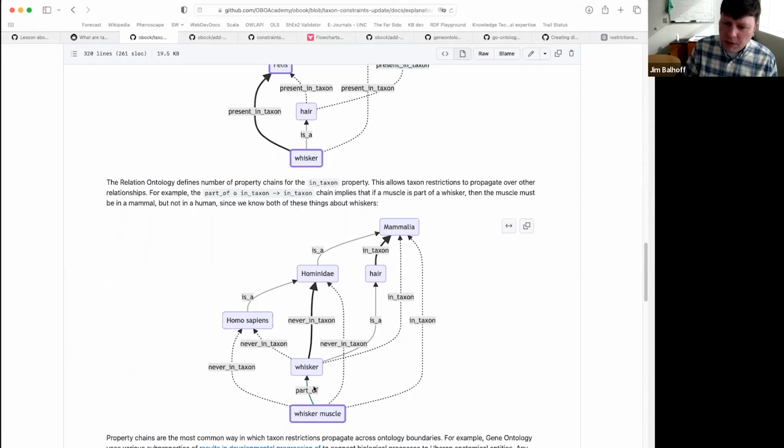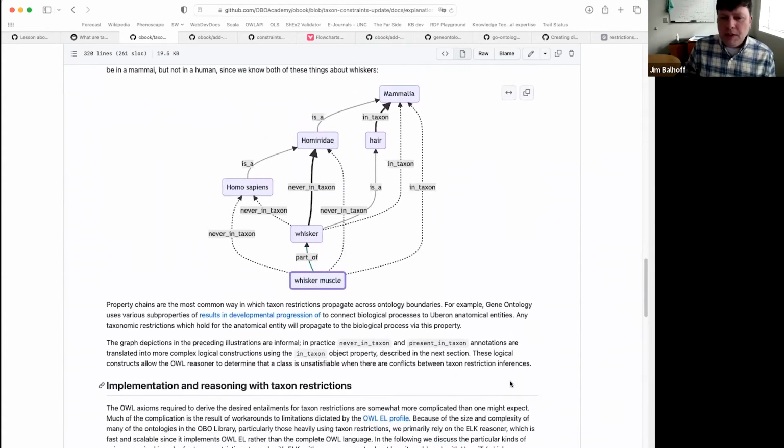And we're going to propagate both of those over part of. Whisker is a subclass of hair, so it's also in taxon mammals. And then because the muscle is part of the whisker, it has to be in taxon mammals. And then we propagate the same effects down for the never-in-taxon. So whisker muscle is never in hominids or Homo sapiens.